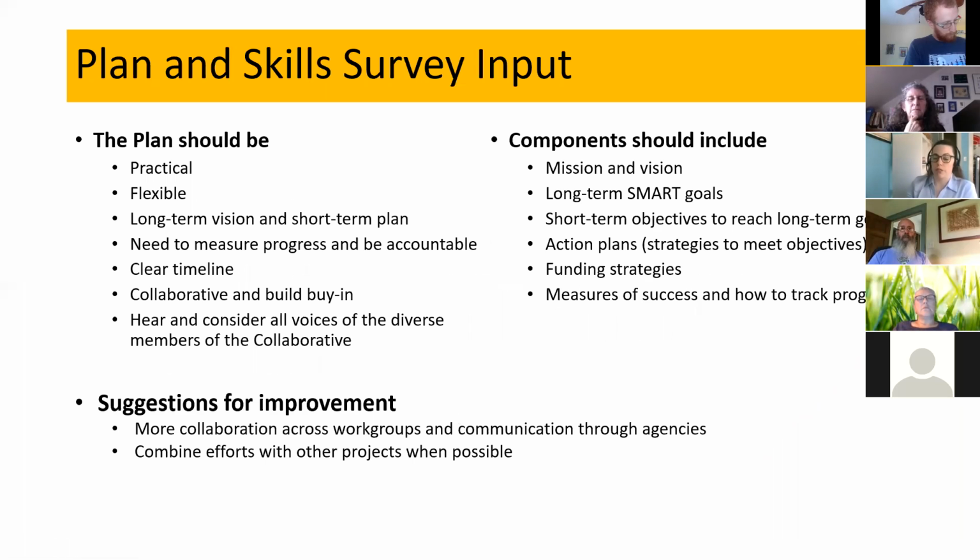These are some of the key terms that came up repeatedly throughout the survey input about what collaborative members would like to see the plan include and what it should be. These came from both reviewing a few existing plans to see the balance between content and schedule and design, as well as elements of the plan to include.